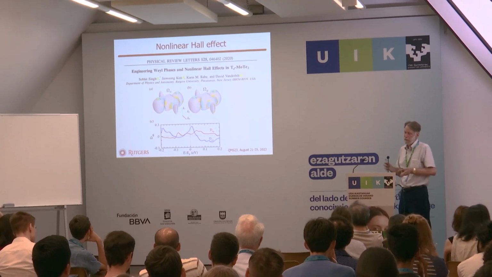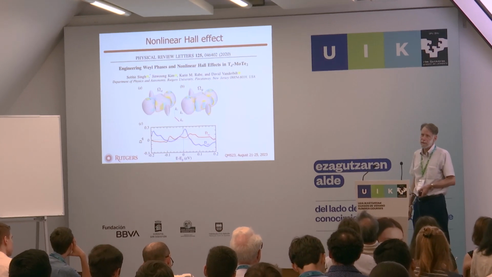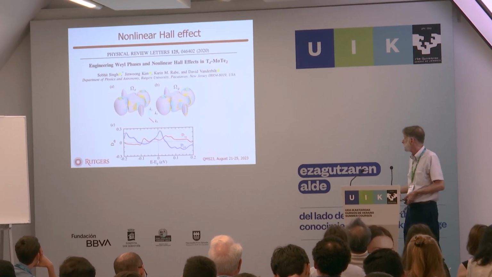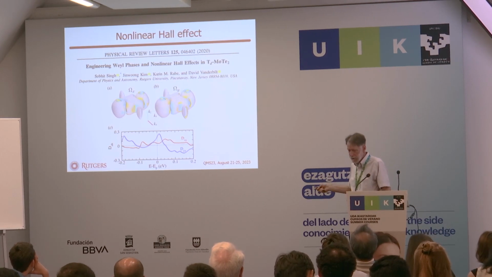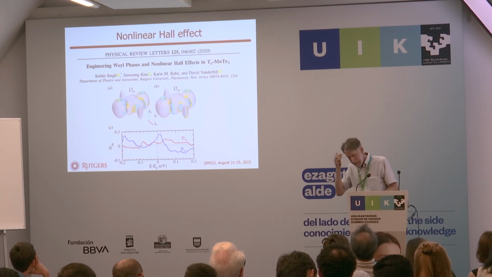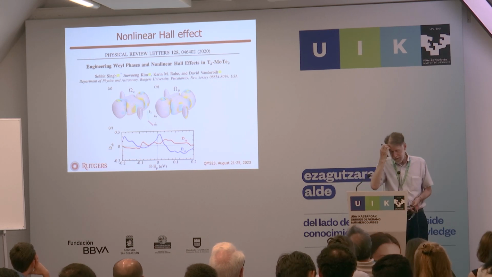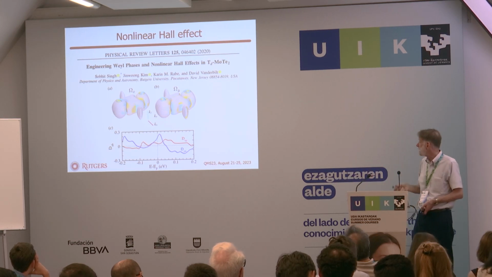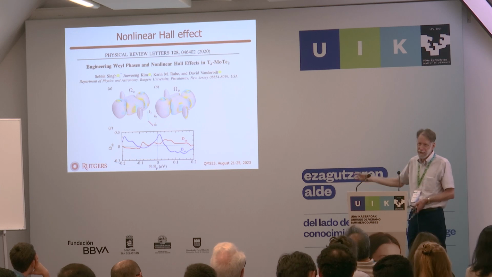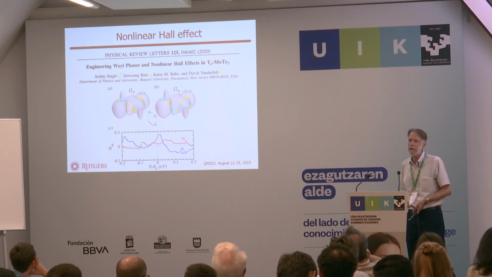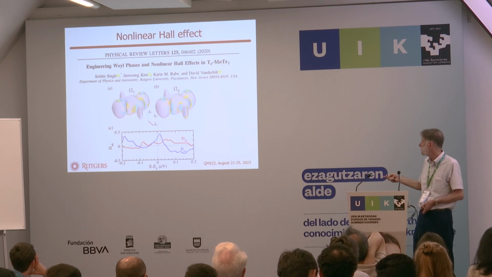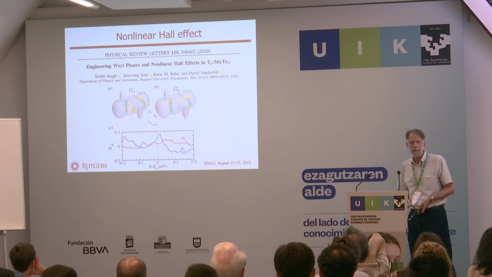So it's the transport effect that breaks time reversal symmetry in a material which is non-magnetic. Now, you can also have this effect in a system that already has broken time reversal symmetry, but in that case, the linear effect probably far dominates the second order effect, and it would be harder to observe. So it's more interesting that this happens in a non-magnetic material.